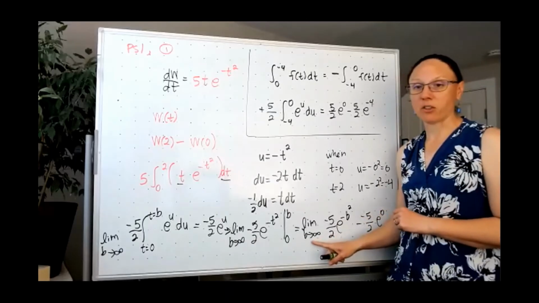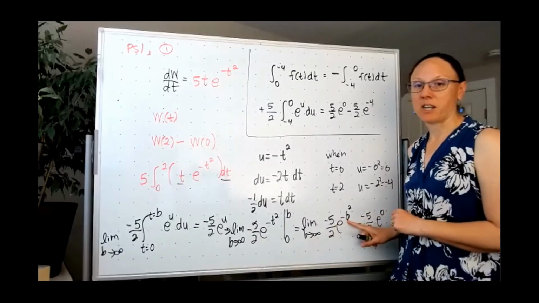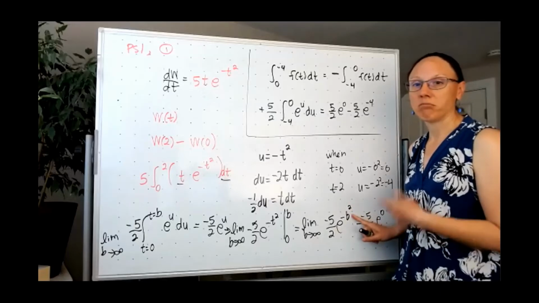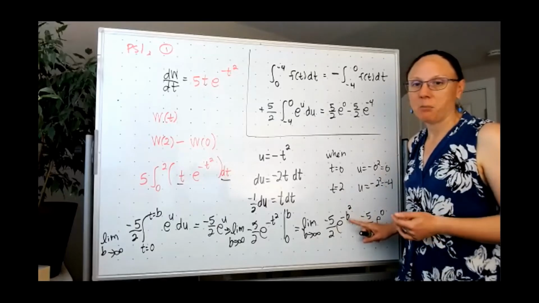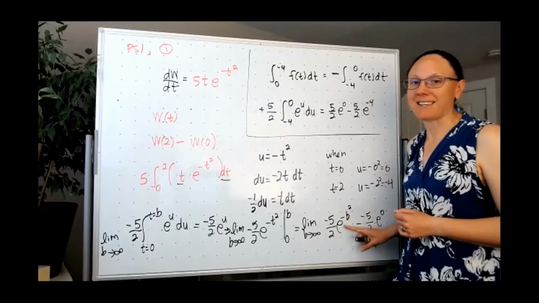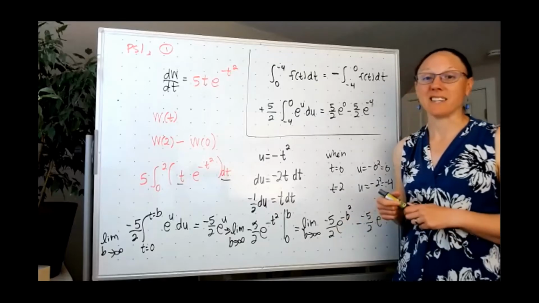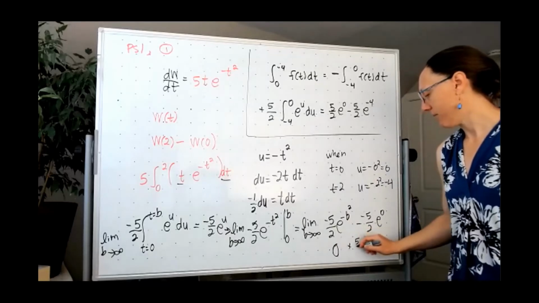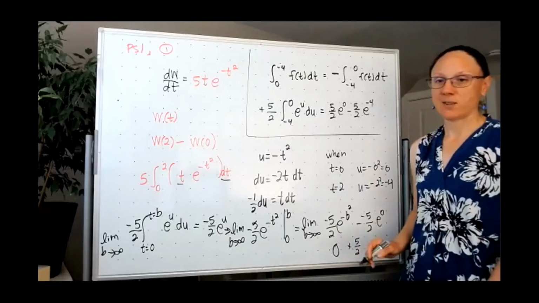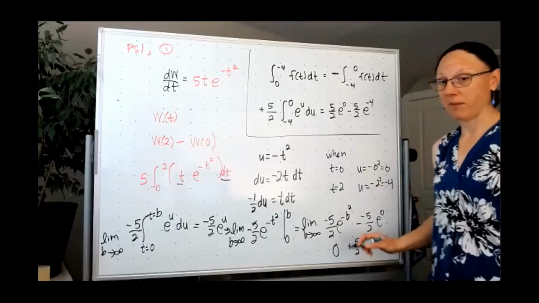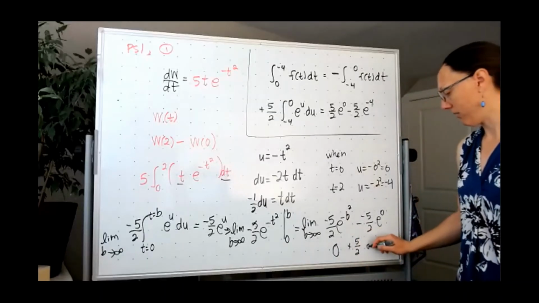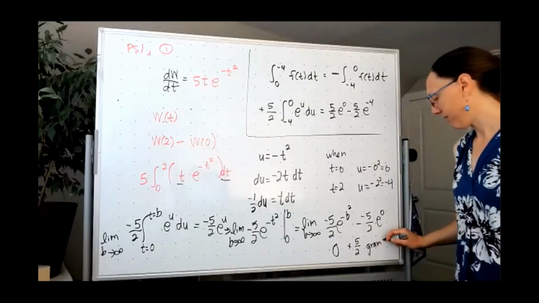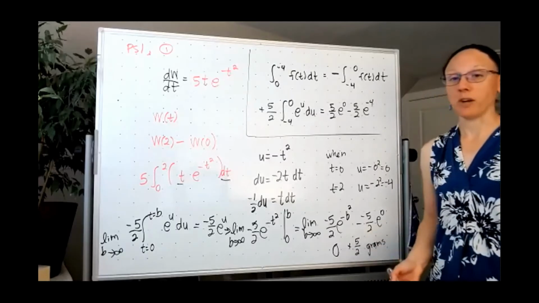If I plug in infinity, infinity squared is infinity, but then it's a negative, and e to the negative infinity goes to 0. So this would look like 0 plus 5/2. After a very long time, we're expecting that tumor to be about 2.5 grams.